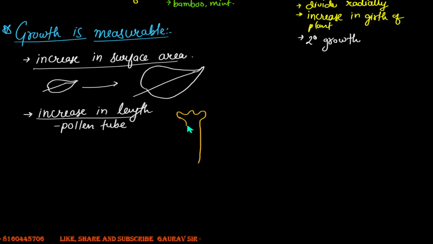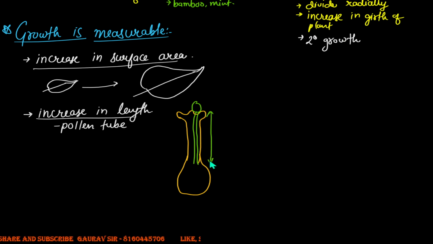There goes the pistil, and let's allow a pollen to land on it. The pollen will develop a structure called the pollen tube. This increase in the length of the pollen tube is again an example of growth, and we find such a type of growth as increase in length.